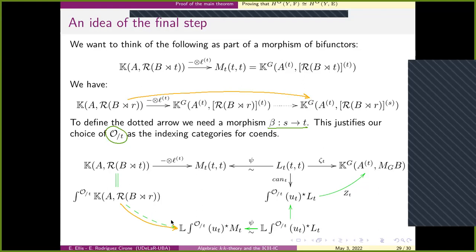I'm not giving all the details because this is really technical. Here, for example, we have a homotopy coend. Here we don't have a homotopy coend. Well, we have to do something there, and moreover, this orange morphism is a morphism of O over T.